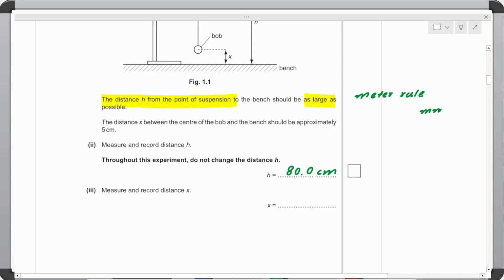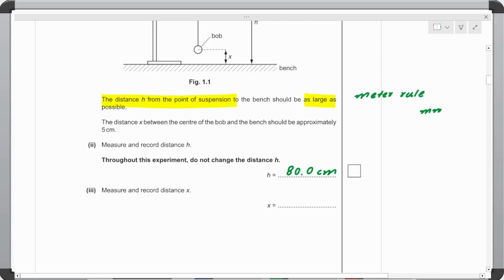For example, if the answer was 5 millimeters, you write 5 millimeters as it is without any decimal place. If you're writing in centimeters, then you leave the answer to 1 decimal place. And if you're writing the answer in meters, then you leave the answer to 3 decimal places. Okay, because this is the least count of the meter rule.